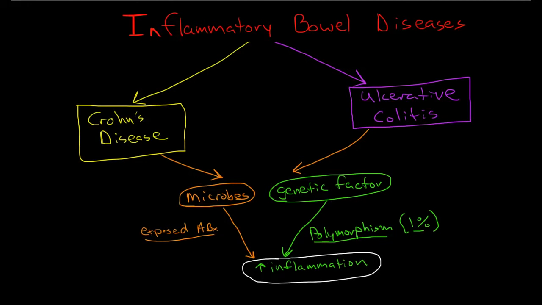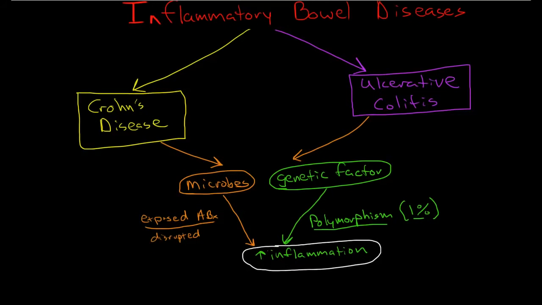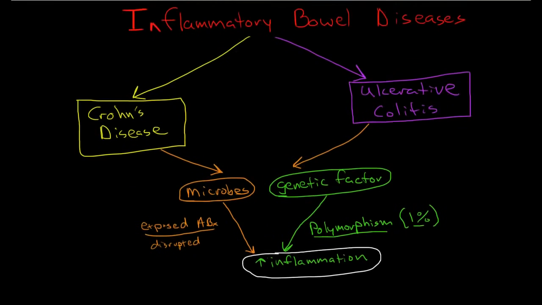This seems to be because we've disrupted normal flora, and this may selectively allow the growth of specific microbes that increase inflammation. So both Crohn's disease and ulcerative colitis are diseases of inflammation of the mucosa of the bowel that appear to be caused by microbes and polymorphisms of genetic disease.